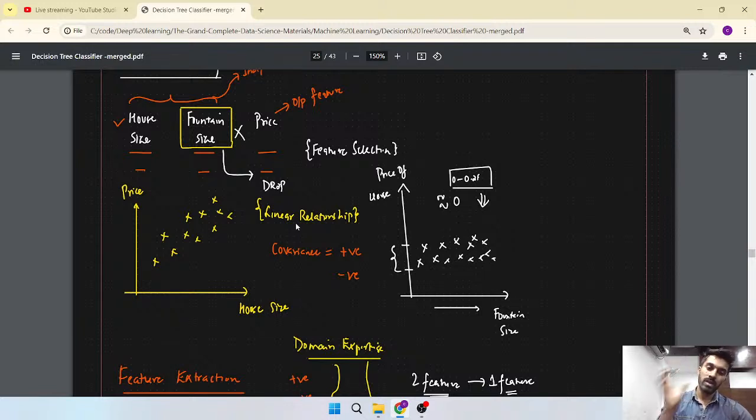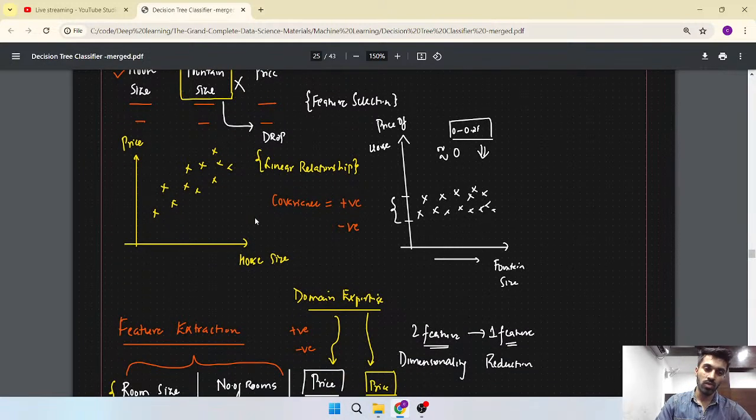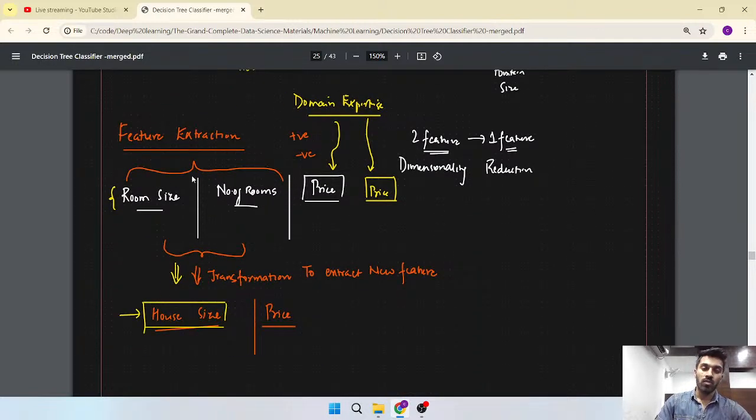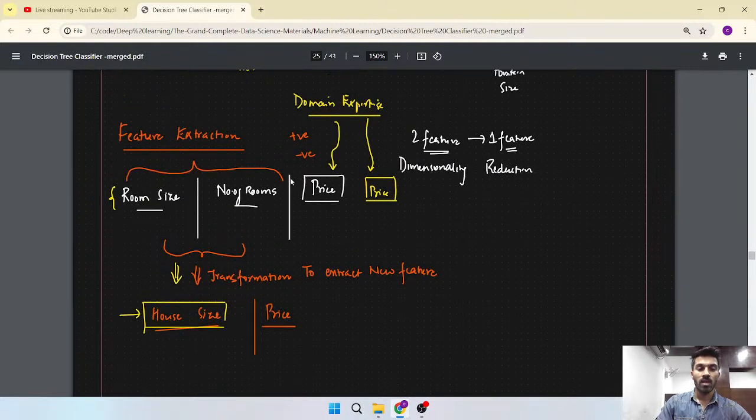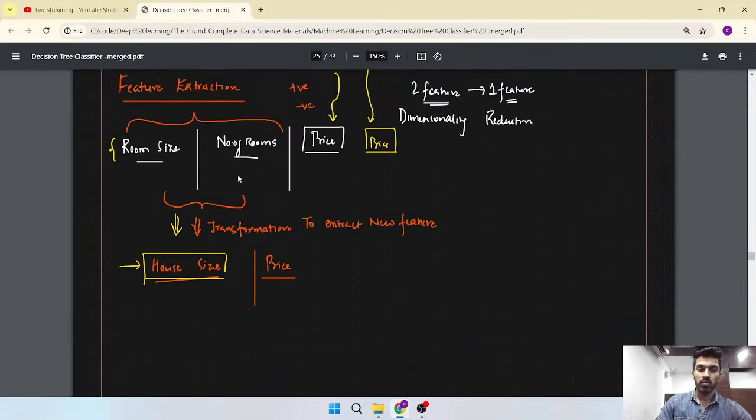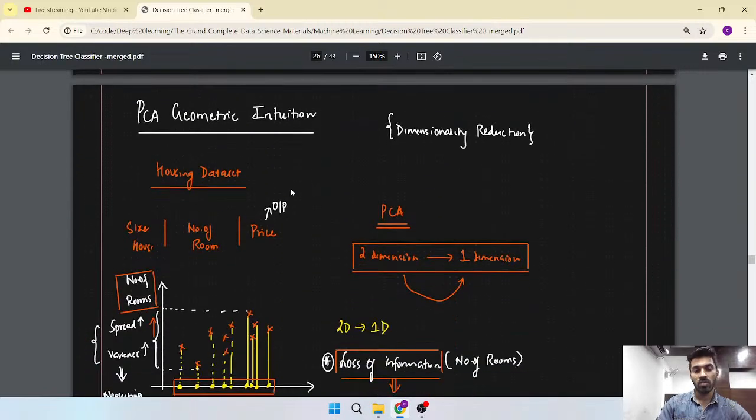Your aim is to convert it into a minimum dimension, since a human can see only 3 dimensions, so that you can visualize it in a very good manner. Feature selection, as I already covered, is like room size, room number: remove this column if it is not required.